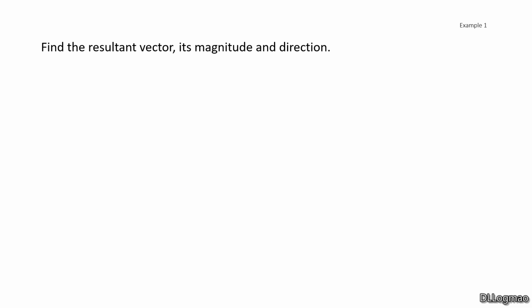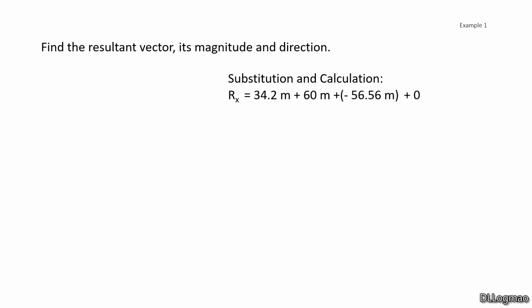We have to determine the sum of the components along the x and along the y-axis. Substitute the computed x components of the vectors. R sub x is equal to the sum of 34.2 meters, 60 meters, negative 56.56 meters, and 0.